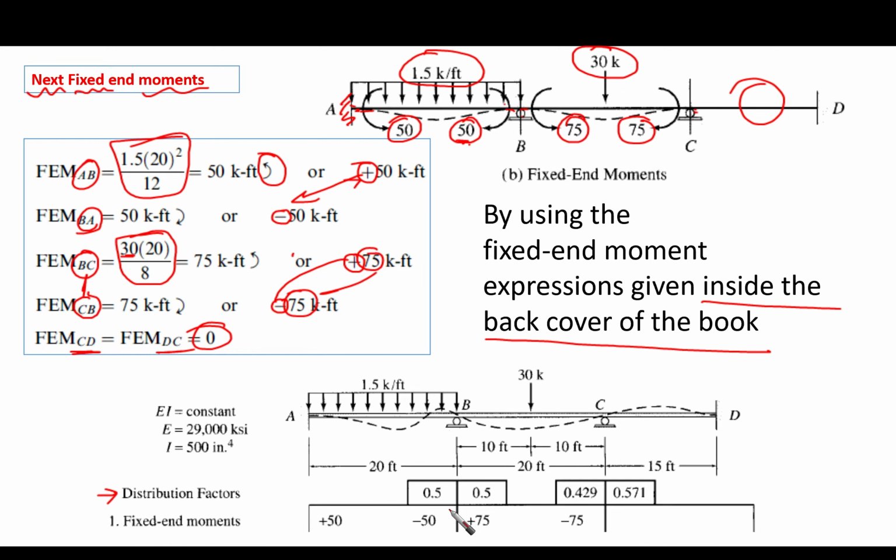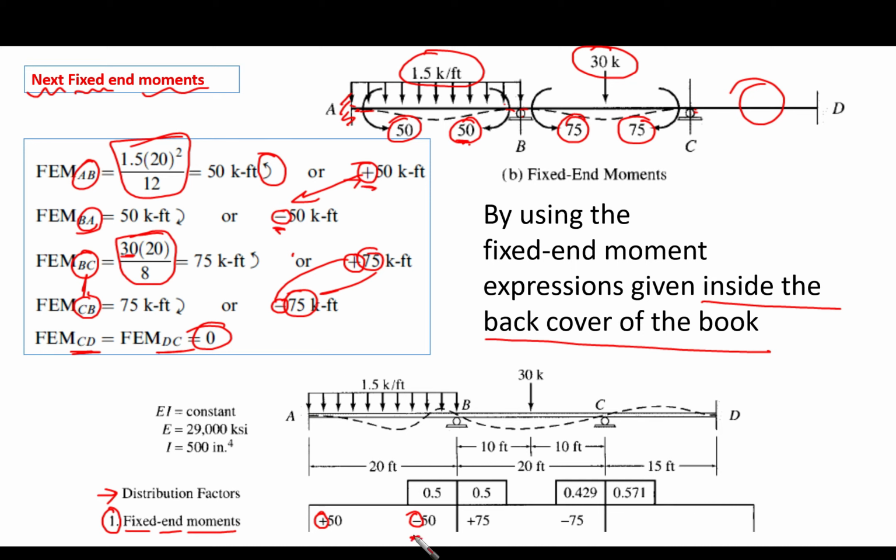So in our table now, we have the distribution factors, and the first line in our table is going to be the fixed end moments. We put them as they are with their signs. Plus 50 here, minus 50 here. This is for fixed end moments AB: AB is plus, BA is minus.